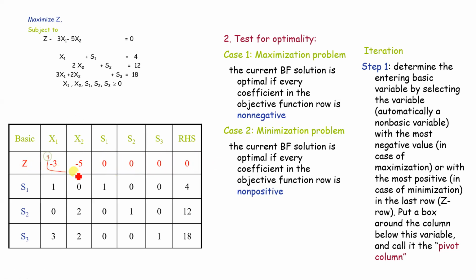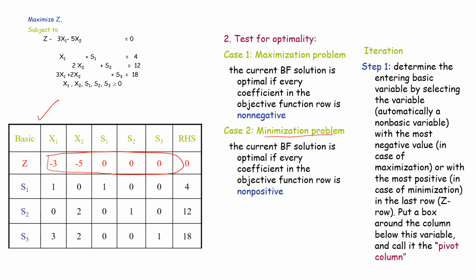I'm talking about coefficients only. If every coefficient in row 0 is non-negative, then the solution is optimal. But in case of a minimization problem, if all the coefficients in row 0 are positive or 0, then the problem has an optimal solution, and we have the optimal value of the objective function.